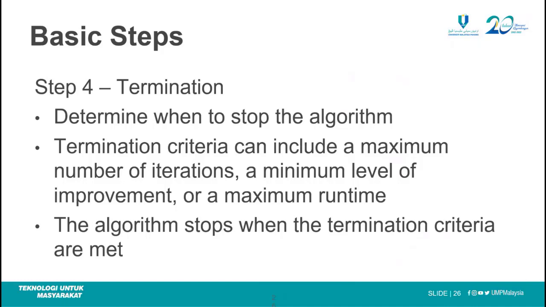Normally, in a standard metaheuristic, we just set the termination criterion using the maximum number of iterations. For example, we set the maximum iteration to 300. So when the number of iterations reaches 300, it will automatically terminate.